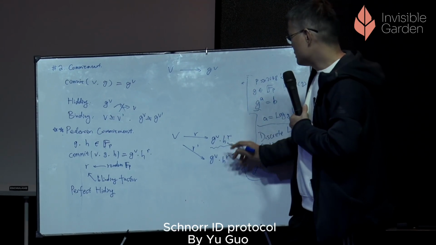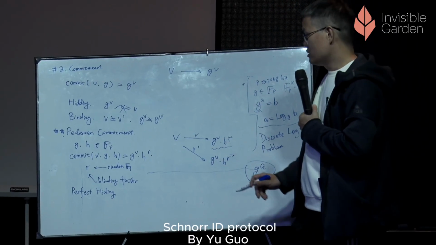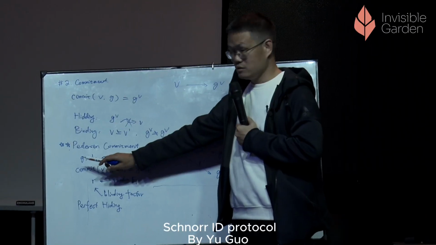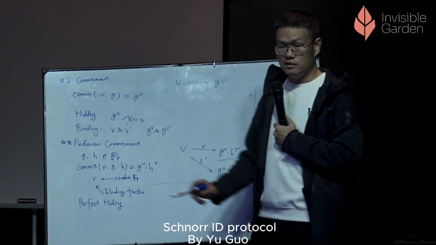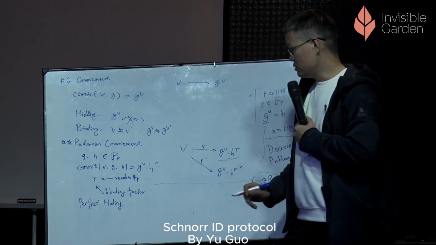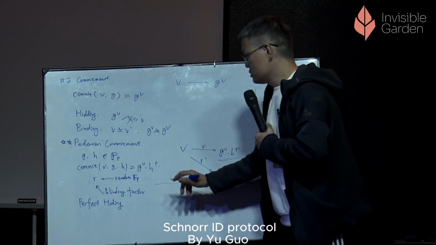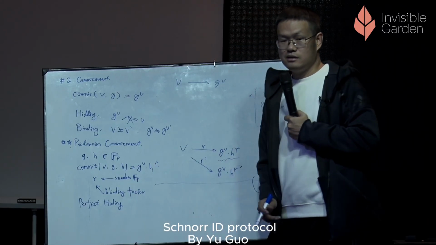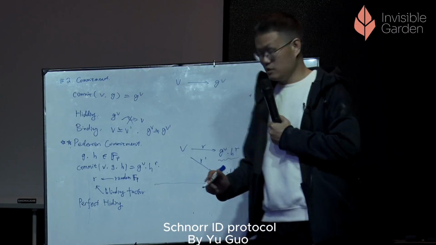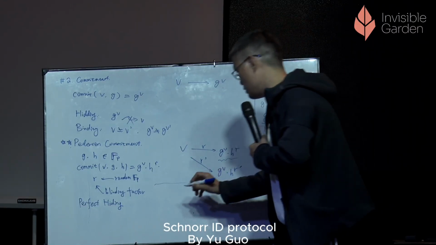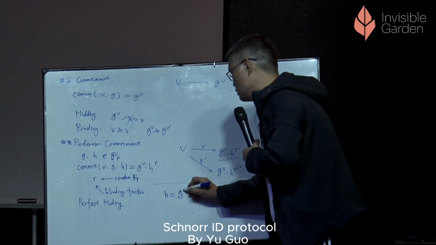Why? Because here we do some simple calculation, right? As I said, G and H both come from Fp, and both of them are generators, right? So that says H can also be generated by G. Basically, we assume that H equals G to the lambda, for example.